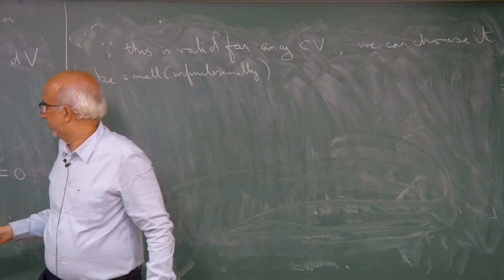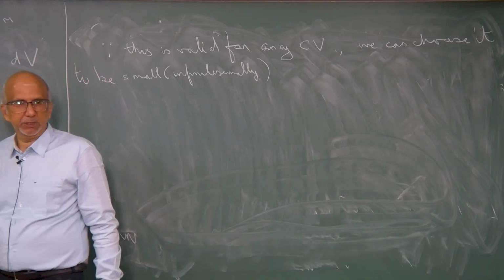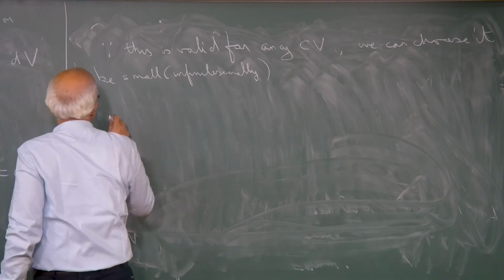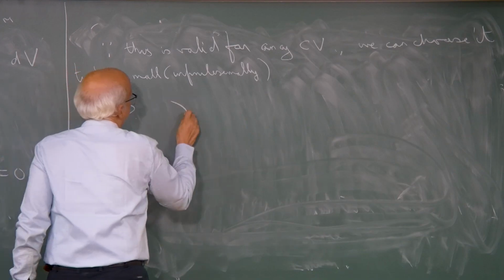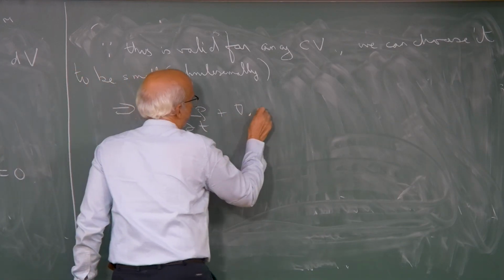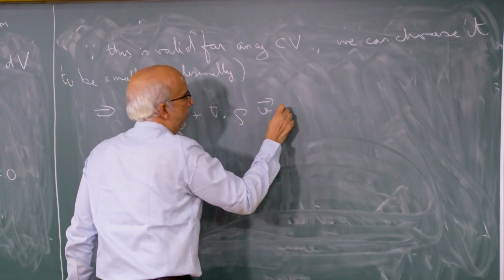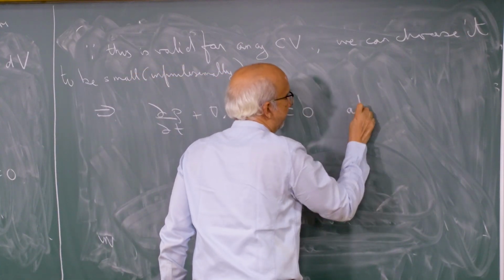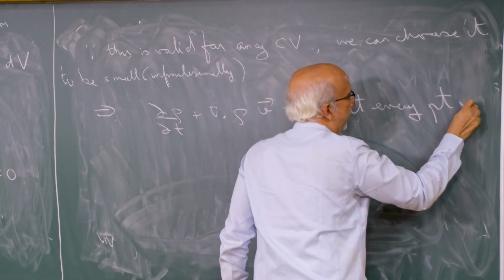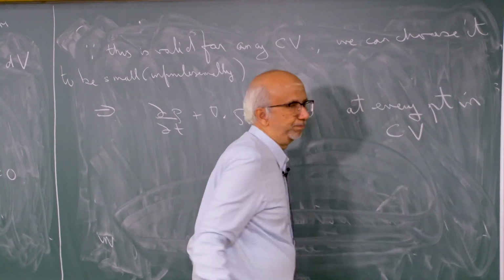That means what we are integrating has to be 0 at every point. So, this implies that d rho by dt plus divergence of rho v equals 0 at every point in the control volume.